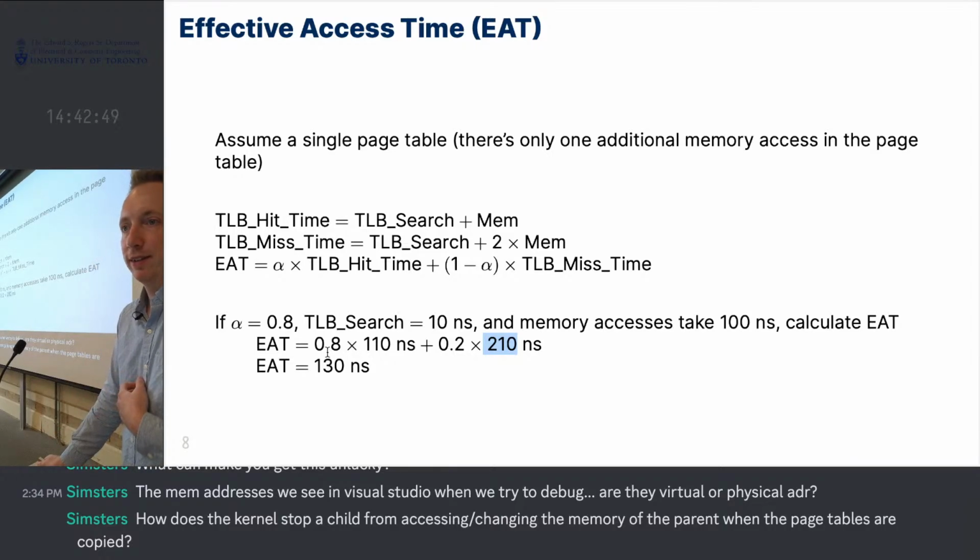So this might be too hardware-y, but why is it slower? Because the cache is, I'm assuming, a hash map, like an array-backed thing. So the cache would be a fully associative architecture, that's an architecture course topic. Okay, yeah. So for TLB hit time, you have the TLB search, which is searching through the cache, plus 1 access.